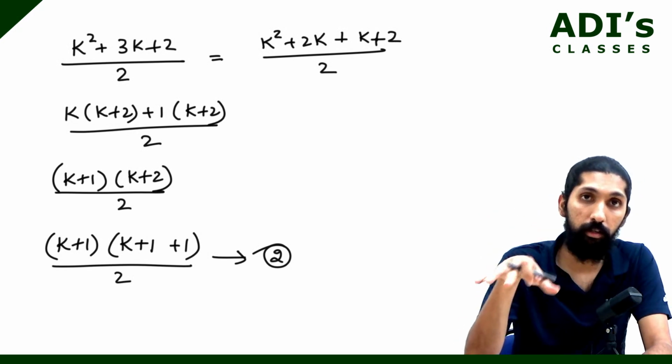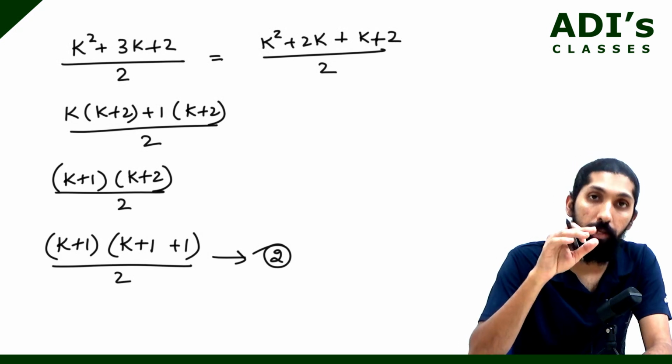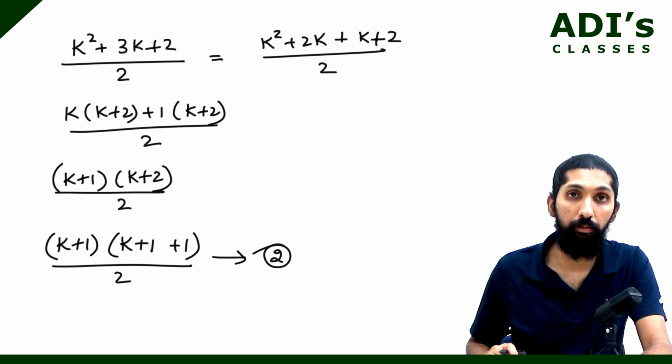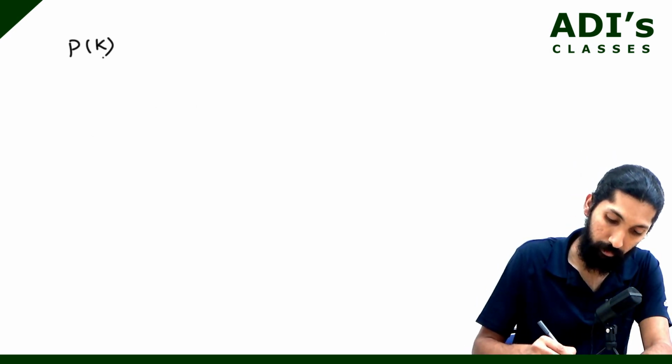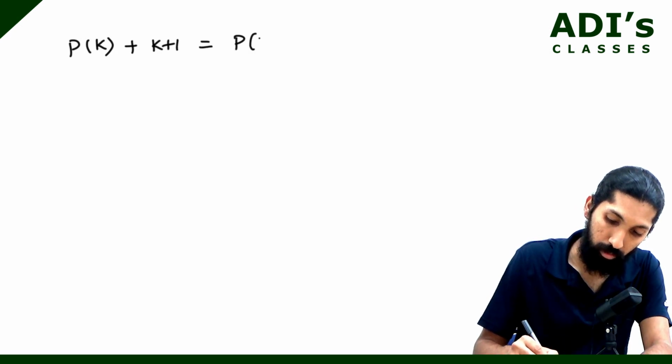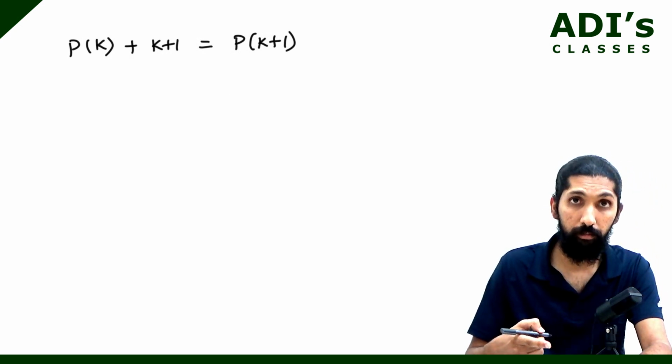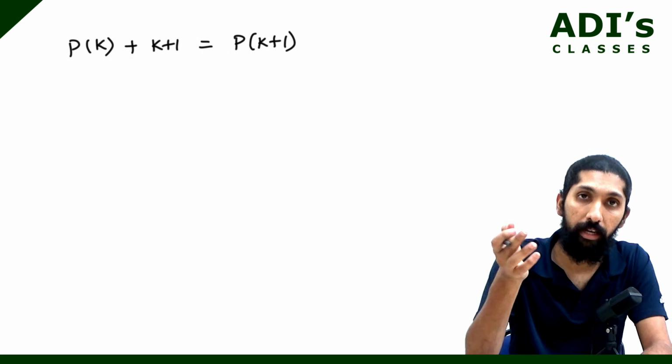So what we can conclude is that P of k plus k plus 1. So let me write it down now. What you get now is P of k plus k plus 1 is equal to P of k plus 1, isn't it? This is what we just proved right now. What does it indicate?